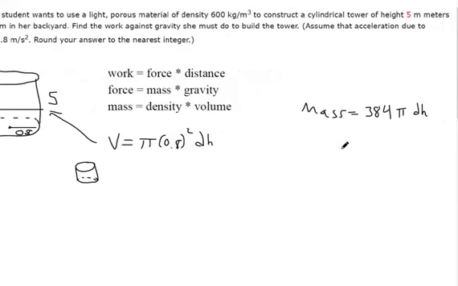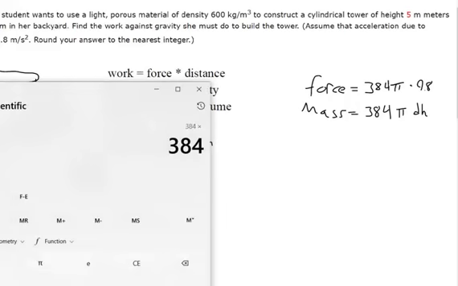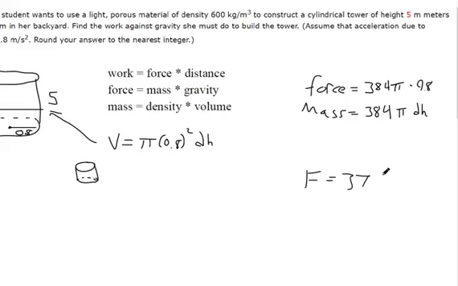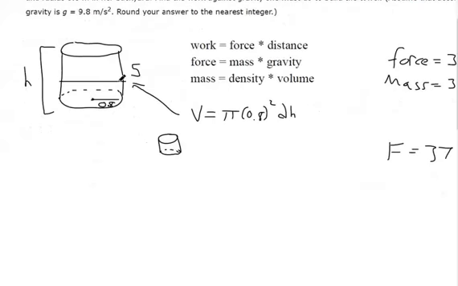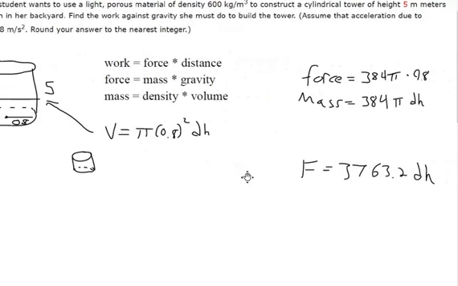And then the force for one of those infinitesimally small slices is just that mass times gravity, which is 9.8 meters per second squared. 3,763.2, and then that's with respect to h. So that's for an infinitesimally small slice that we took out of the object that we're building.